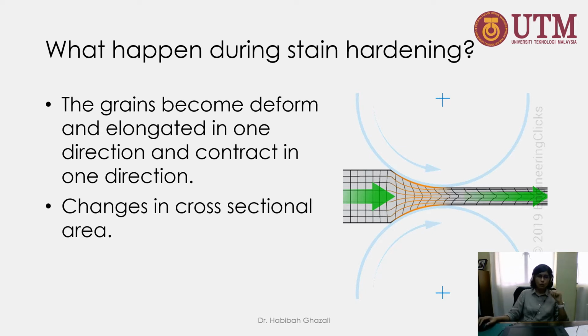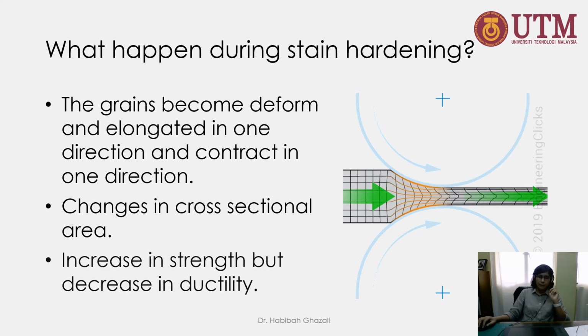So this change will change the cross-sectional area of each of the grains. The material will have an increment in strength, but the ductility will decrease. So this is what happened to each of the grains during this cold working process.